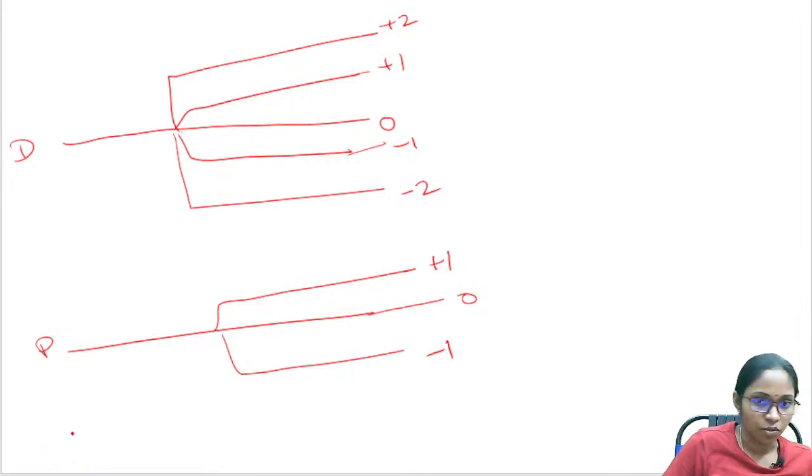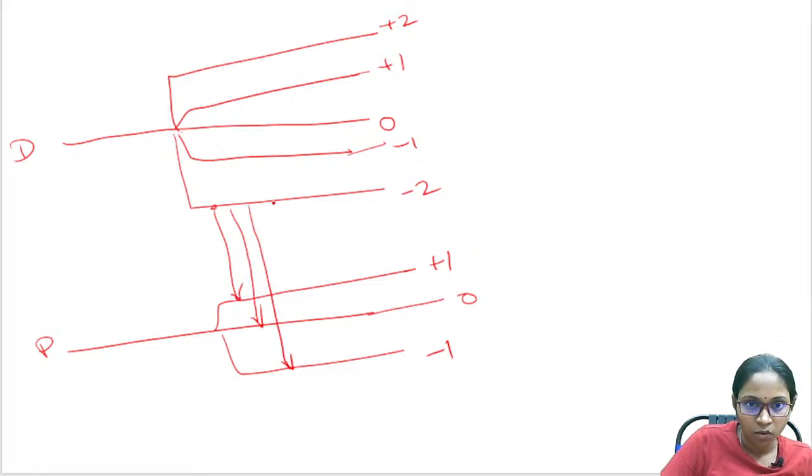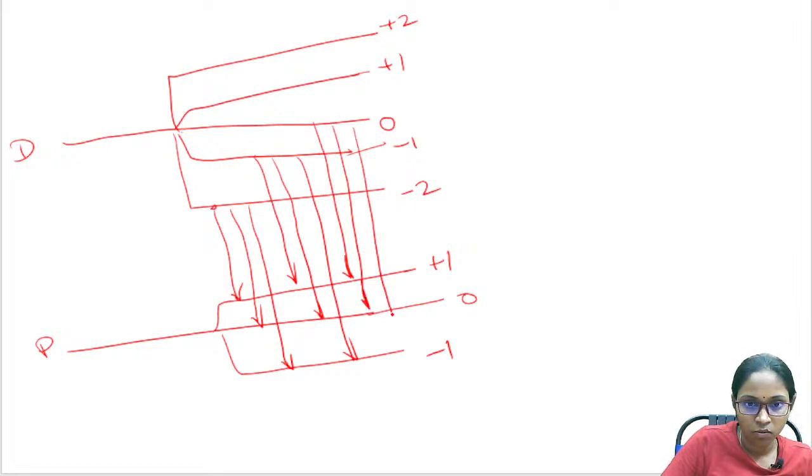Now check for the transitions. If the electron is in the minus 2 orbital, I'm drawing the transition lines, and likewise for minus 1, and for 0: 0 to plus 1, 0 to 0, and 0 to minus 1. Just draw all these spectral lines and check for the selection rules.